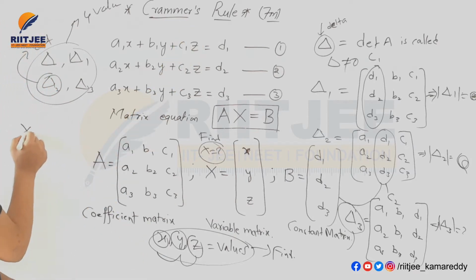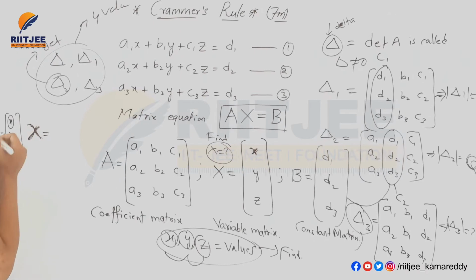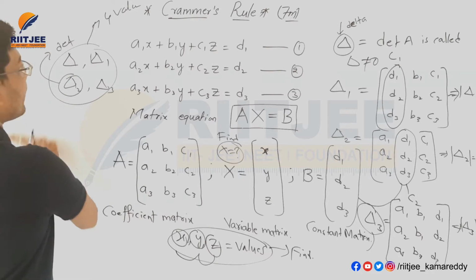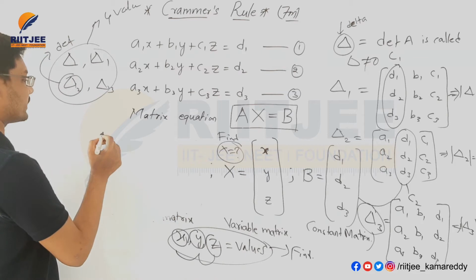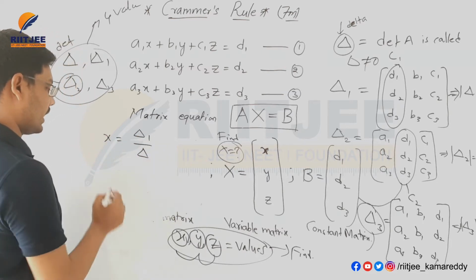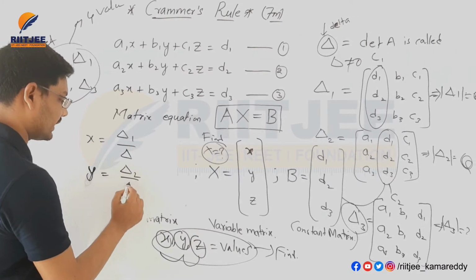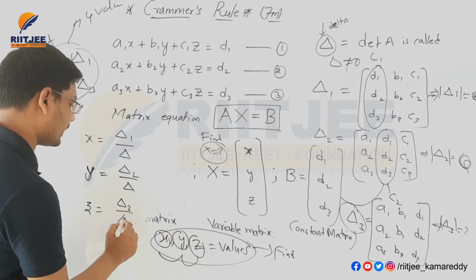Capital X is the variable matrix, and we need to find the small x value first of all. Small x is equal to delta 1 by delta, small y is equal to delta 2 by delta, and small z is equal to delta 3 by delta.